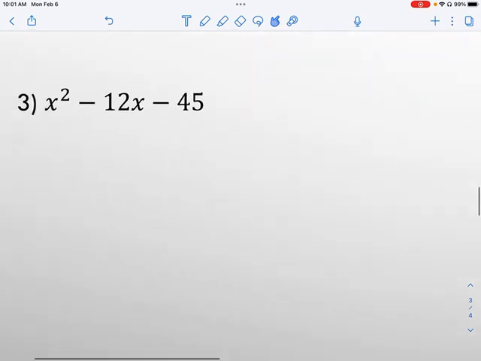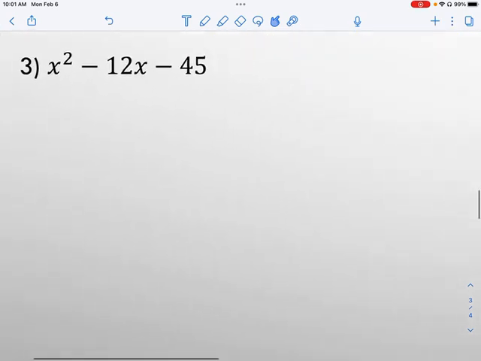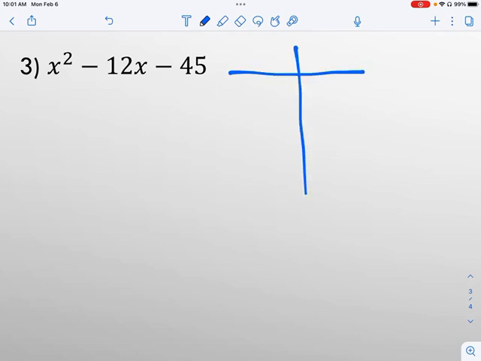Okay, let's try this next one here. This time I'm looking at the third term, and I want to multiply to give me a negative 45, and this time I want to add to give me a negative 12x. Okay, so here we go.